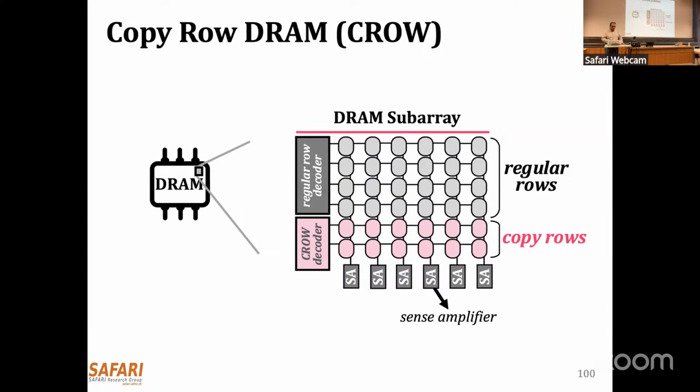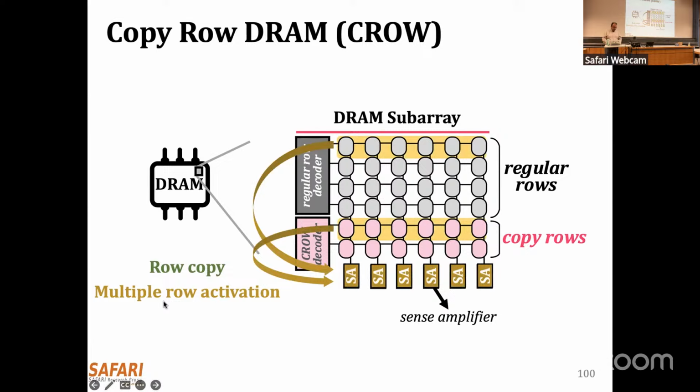Again, this is the CROW substrate, and you can use it to do some optimizations. For example, you can copy one row. You make a copy in the CROW region of your DRAM: you move a row from the regular rows to the sense amplifier, and then map it to your copy rows.